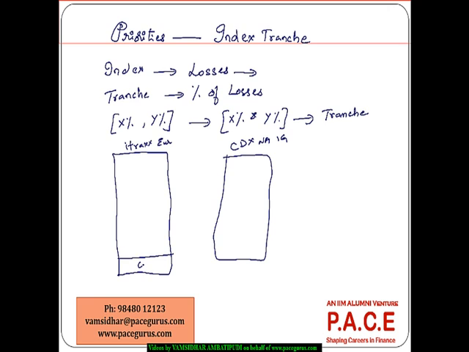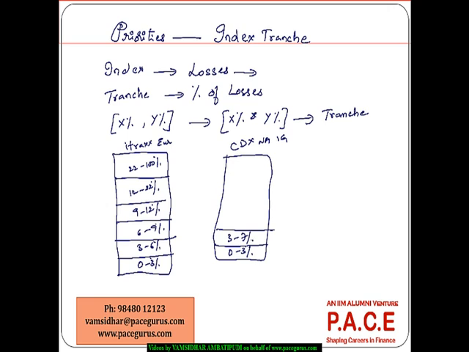This is like a 0 to 3% tranche, or probably 3 to 6% tranche, 6 to 9% tranche, 9 to 12% tranche, 12 to 22% tranche, and probably 22 to 100% tranche. Same way here, there could be another classification which CDX NAIG might have done: 0 to 3%, then 3 to 7%, 7 to 10, then 10 to 15 tranche, 15 to 30 tranche, and 30 to 100.